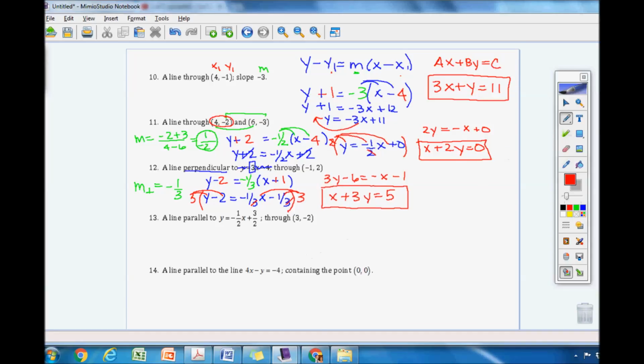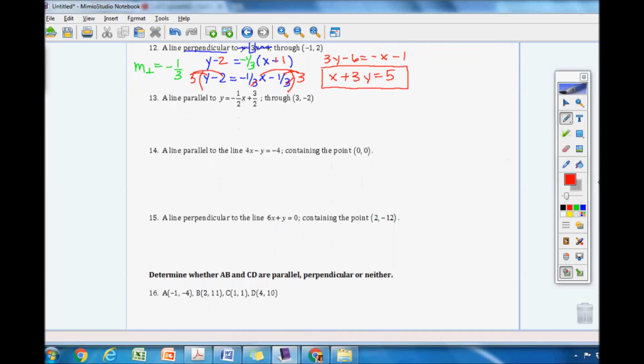All right, a line parallel. Parallel is a little bit easier because that means that it's the exact same slope. All right, so here's the slope, and I'm going to keep that exactly the same. So I'm going to use negative 1/2. Don't care. All right, so y minus my point, my slope, x minus my point.